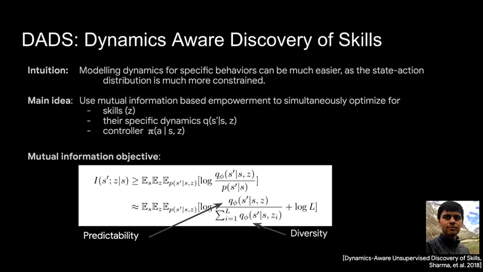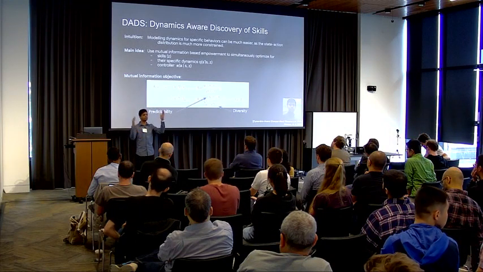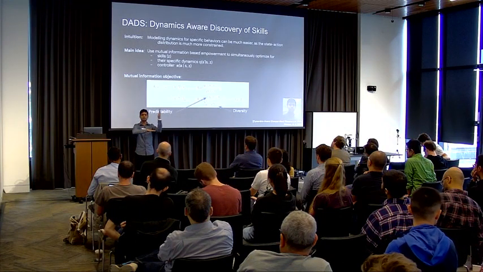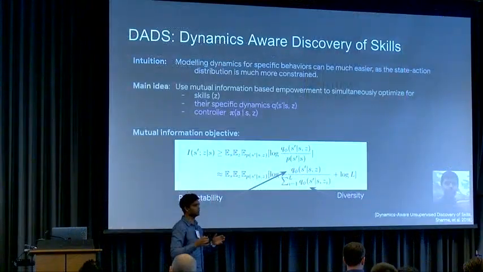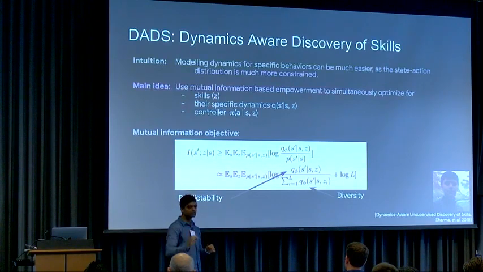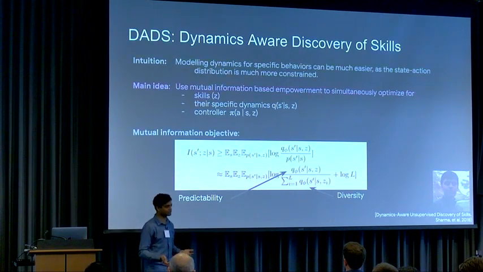The way we are looking into skills is not just in state dimension, but in state cross time dimension. The way we are calling something a skill is if you can predict yourself, you are a skill. So predictability in the dynamics is a skill. It's pretty bizarre, but a lot of good things come out of this.